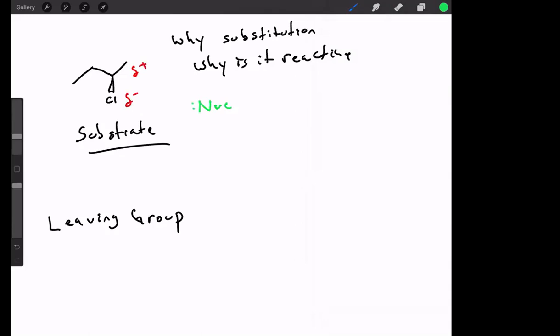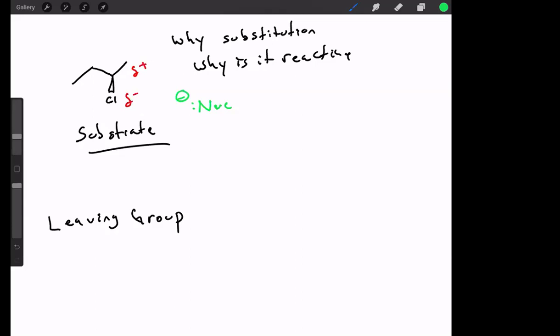The nucleophile has either a pair of electrons, or maybe a negative charge, oftentimes it actually does. But at the end of the day, the electrons or the negative charge is going to be attracted to the carbon that's partially positively charged. And that's what's going to make this substrate reactive.